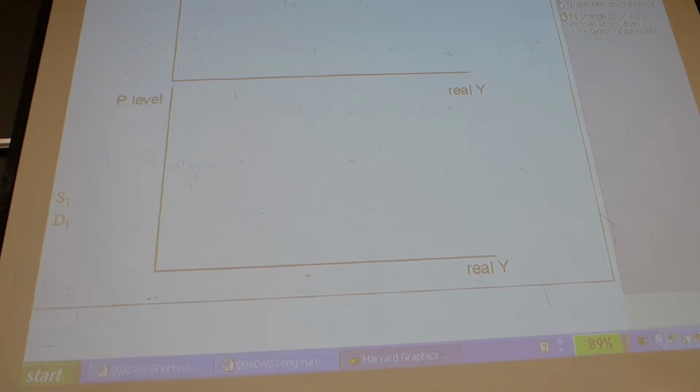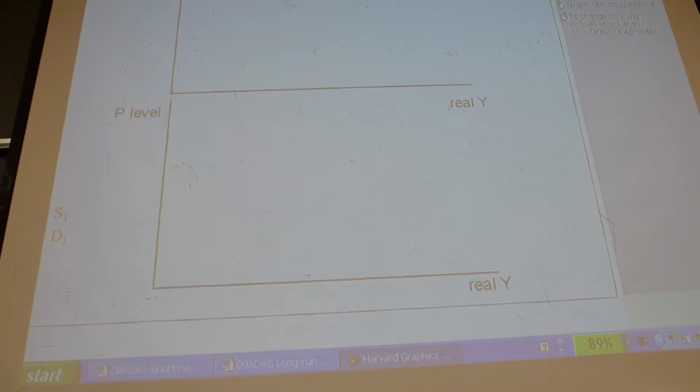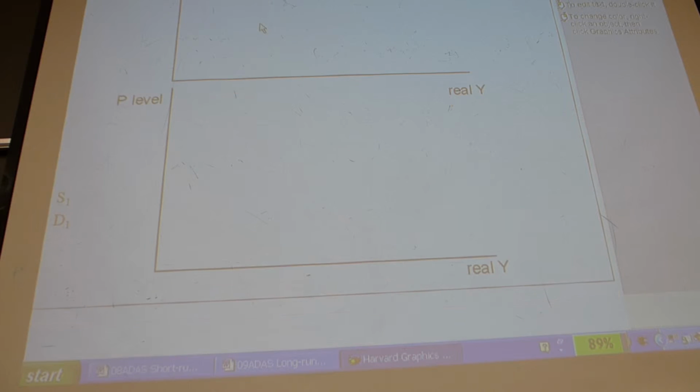And up here, real aggregate expenditure. So I'll say to you something like this. Suppose, remember, in the long run aggregate supply is going to be vertical. We'll talk about it in a minute, all right?